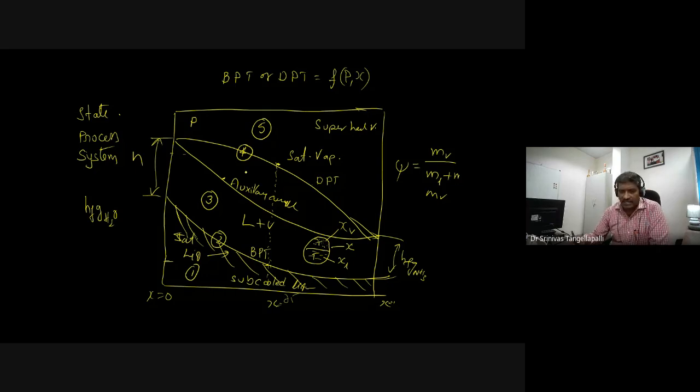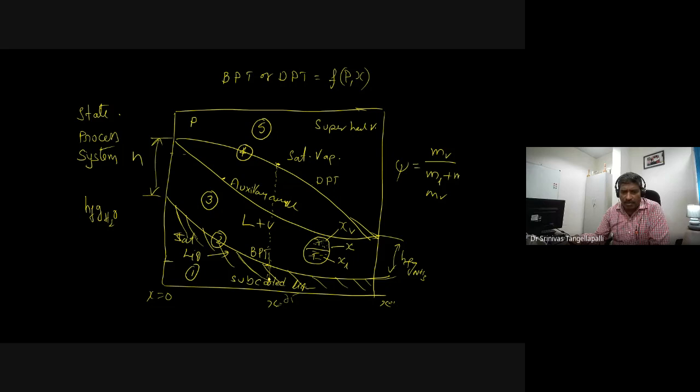But in case the given temperature is less than the bubble point temperature, we have to identify the corresponding state. Let us say the bubble point temperature is 100 degrees centigrade and the given temperature is 80 degrees centigrade. This 80 degrees centigrade curve and this 0.5 concentration curve will meet at one point.